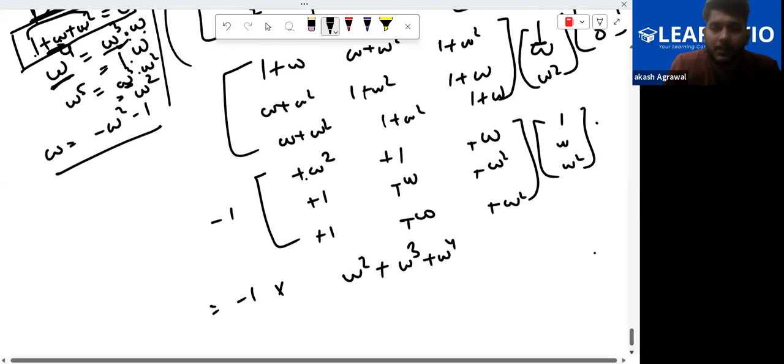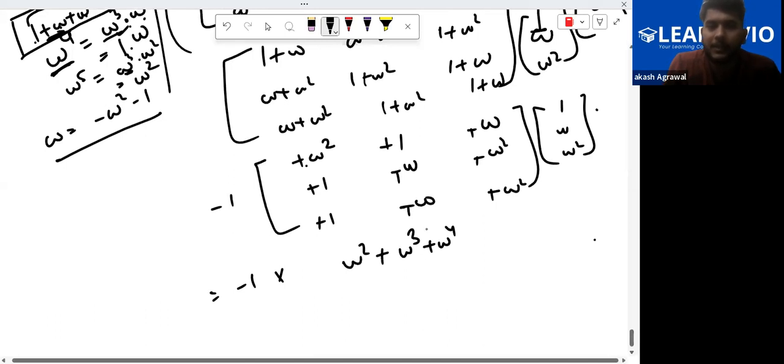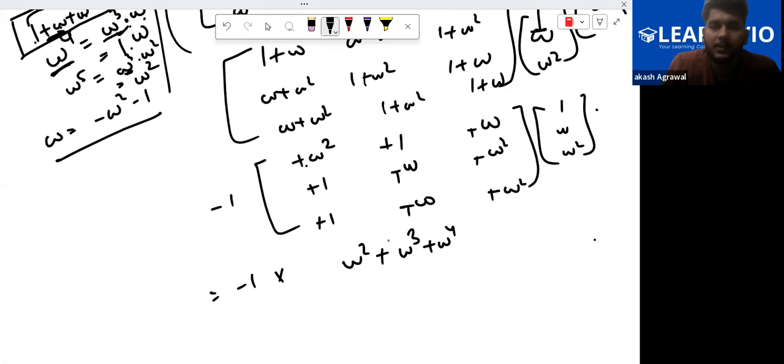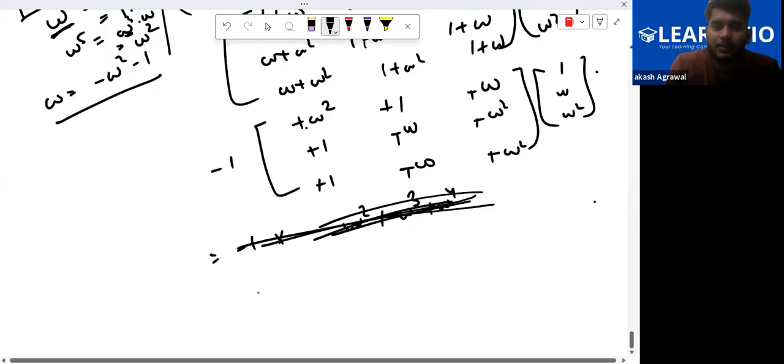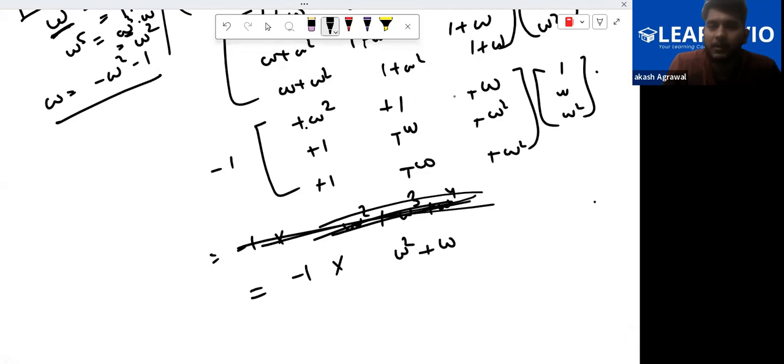Okay, this is the first element. Then, did I make any mistake? Yes, I made a very grave mistake. I multiplied it wrong. Minus 1 times omega square times 1 is omega square, plus 1 times omega, plus omega times omega square is omega cube. Okay, this should be here.